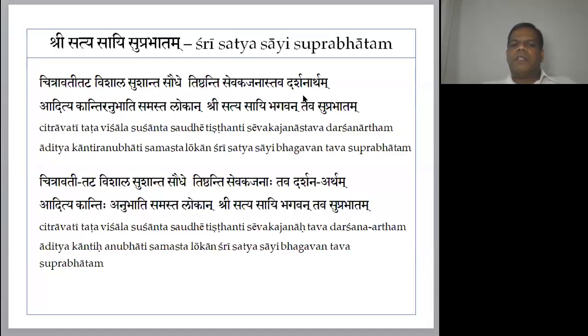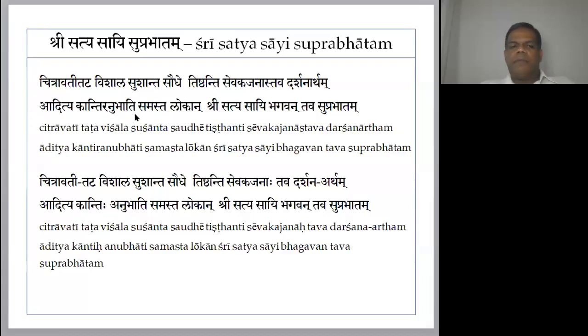Sevaka Janastava, there are no aspirated consonants. Darshanartham, this Tha is the second letter in the third class of consonants. So it's Nartham, aspirated.